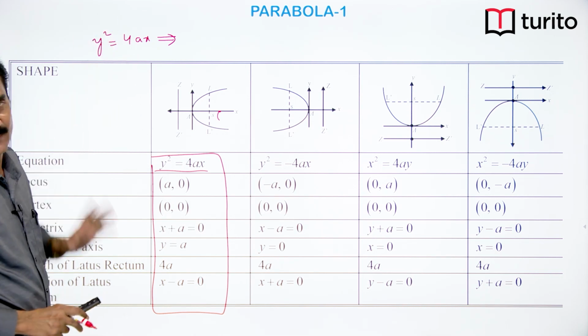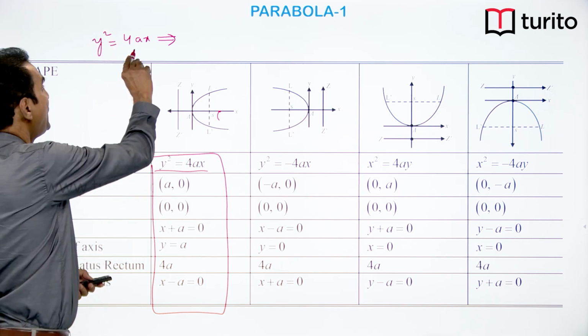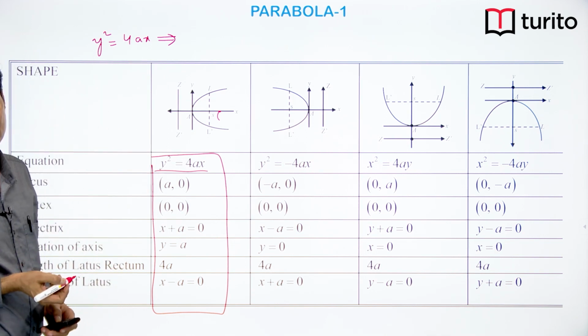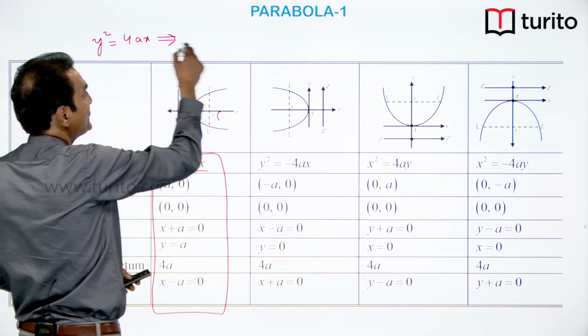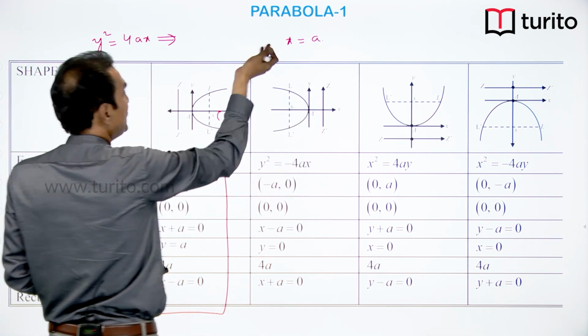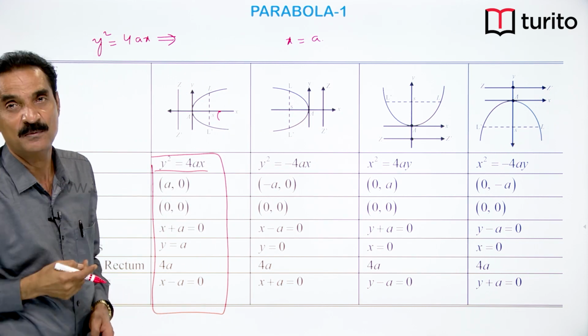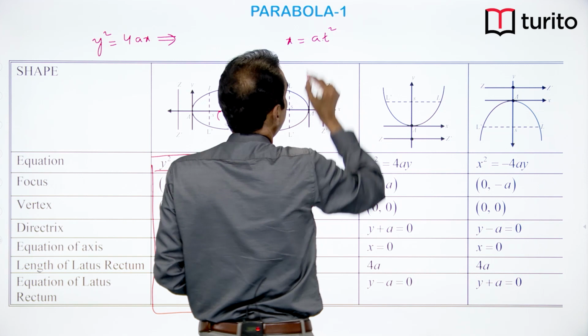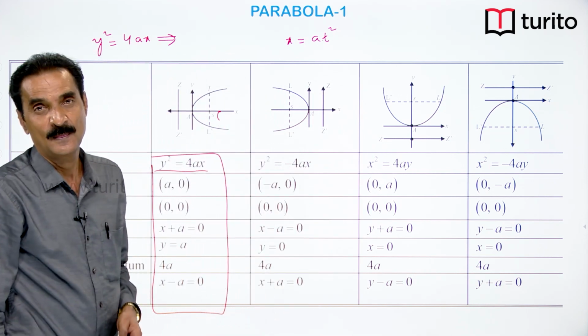4 is 2 square, but a is there, so we should take another a in the x coordinate. So, in x, let us take a, but a is a constant, x is a variable. So, along with a we take the square of a parameter, the square of a variable.